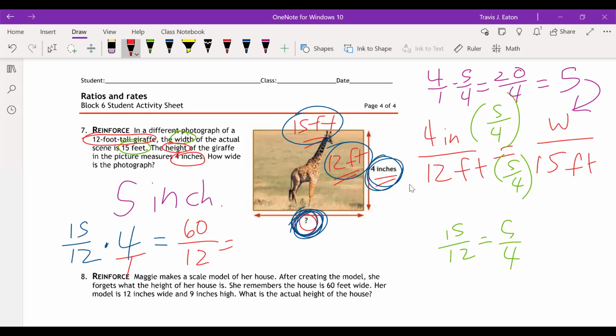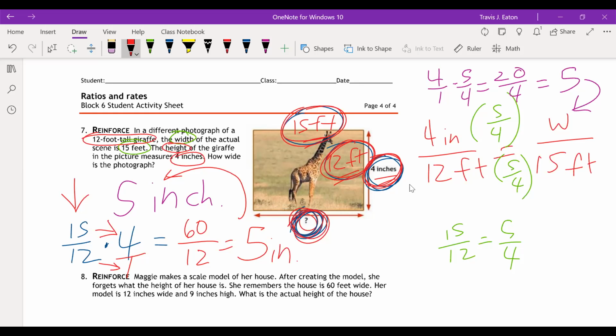All right, so like I said, the other way we could look at this is if we're trying to find the width, then we would take the width and set it up in a ratio to the height, like we see here, 12 to 15, and then we multiply that by the width that they gave us, which was 4, and we multiply straight across. 15 times 4 is 60, and 12 times 1 is 12, and 60 divided by 12 is 5, which of course is what we already found, 5 inches.